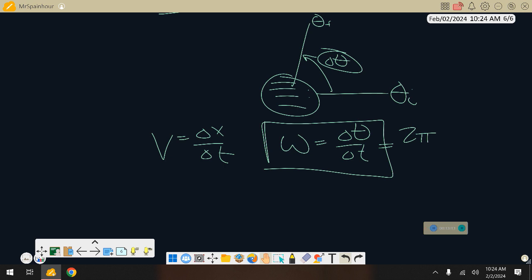It is capital T. It's not really a variable. It's a constant of the amount of time that it takes an object to go through a revolution.